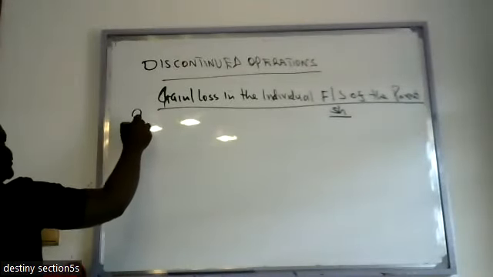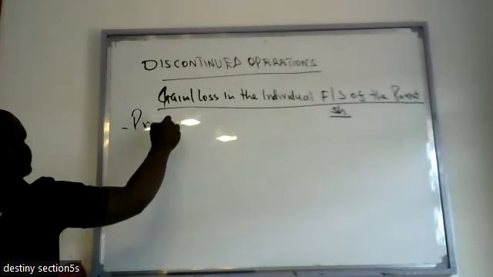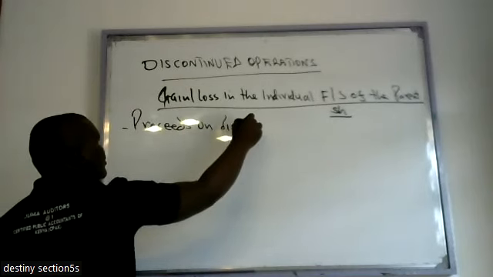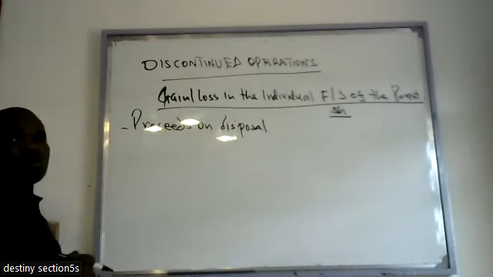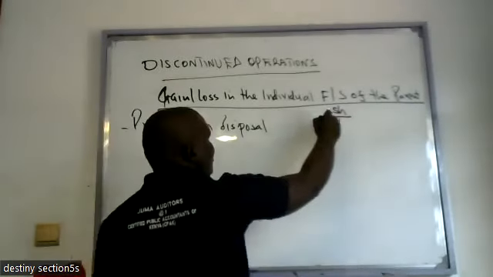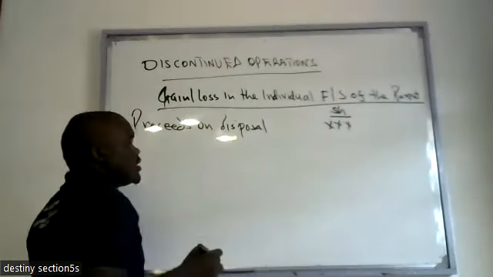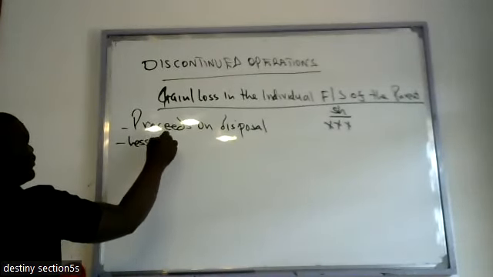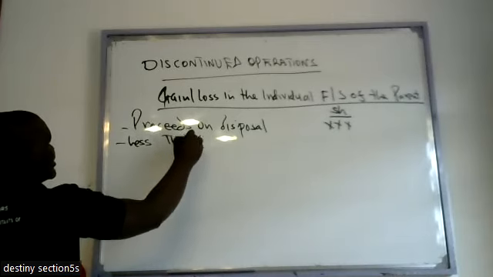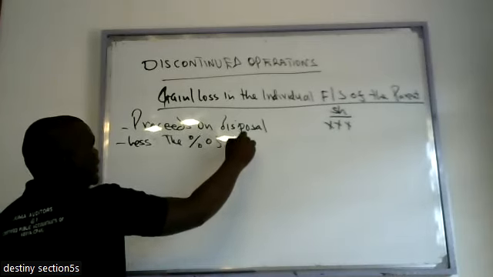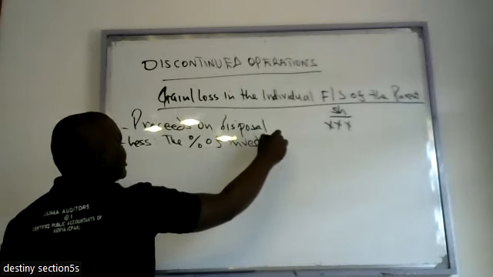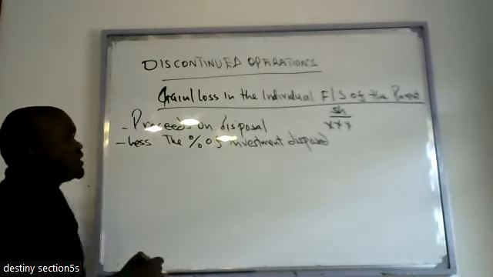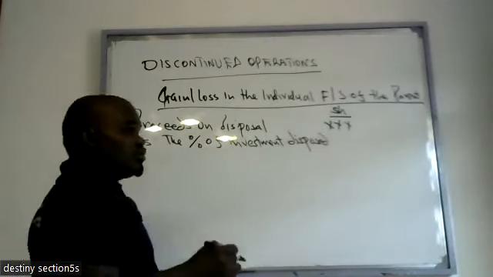So this is how you determine it. You take the proceeds on disposal, you less the percentage of investment disposed.